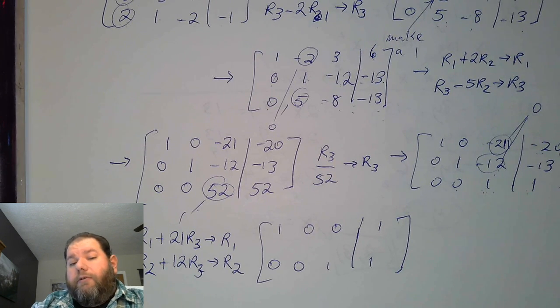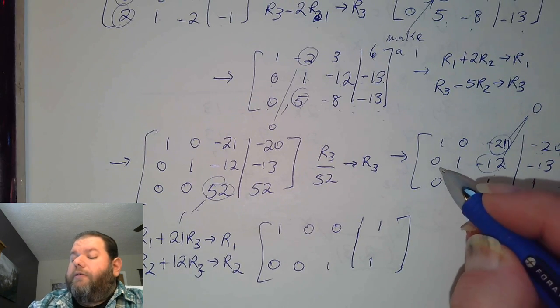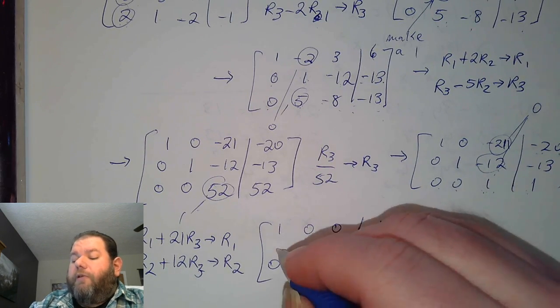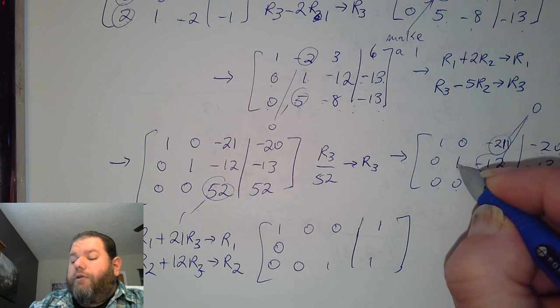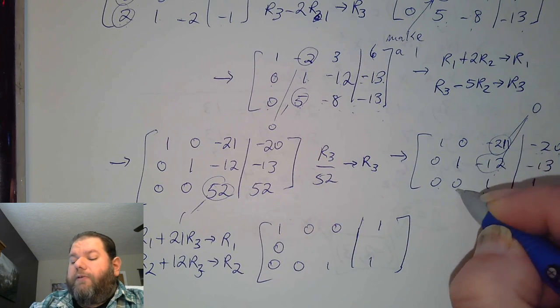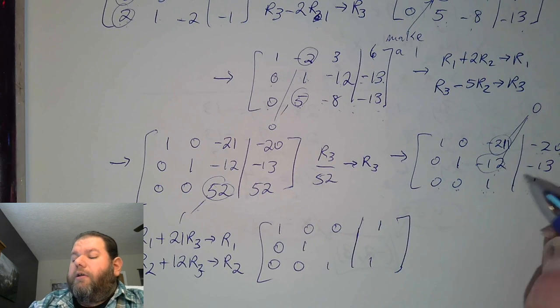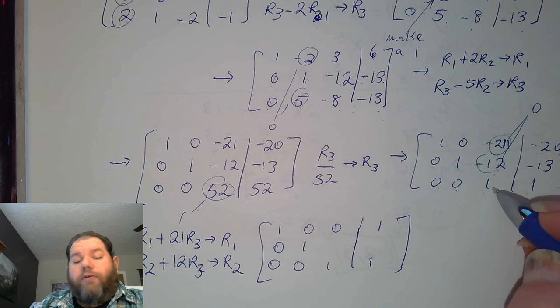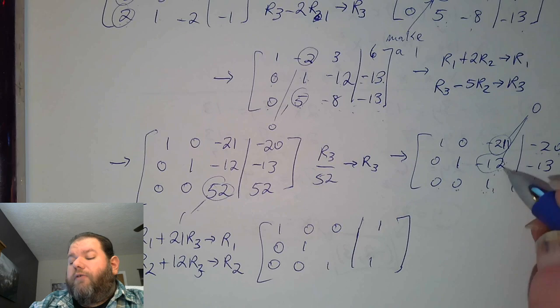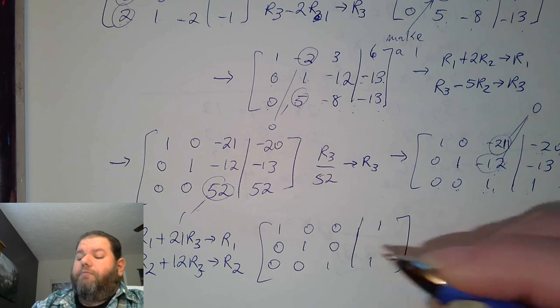And let's look at row 2. Row 2 plus 12 times row 3. So 0 plus 12 times 0, 0. 1 plus 12 times 0 is 1 plus 0 is 1. Then here, negative 12 plus 12 times 1, negative 12 plus 12, 0.